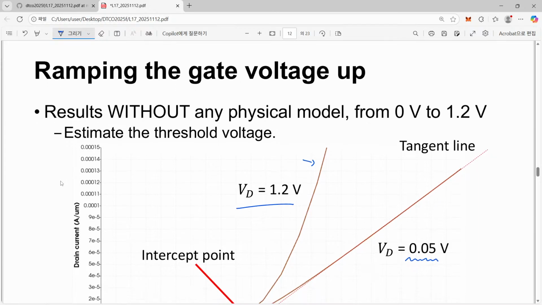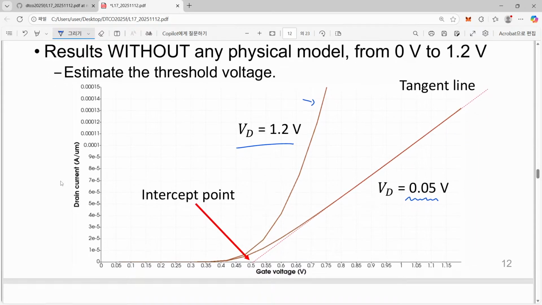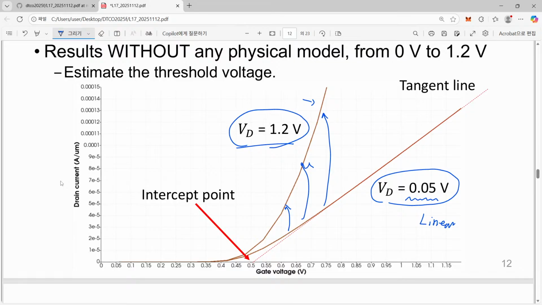Since you have applied a much higher drain voltage, it is certain that you have a much higher drain current at a given gate voltage. That is quite obvious. Since the first drain voltage is so low, usually we interpret it as a linear property, and since this one is equal to VDD, we consider it as a saturation property. Beyond the threshold voltage, we are now observing the saturation current and linear current.